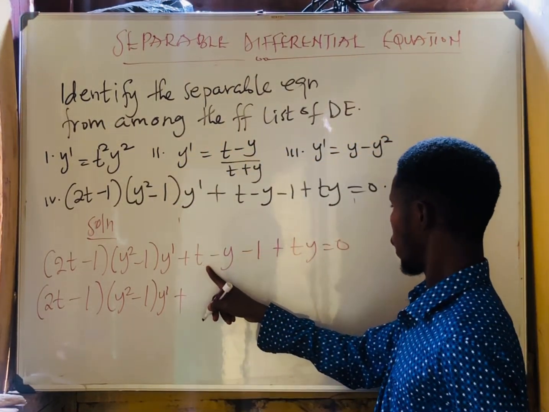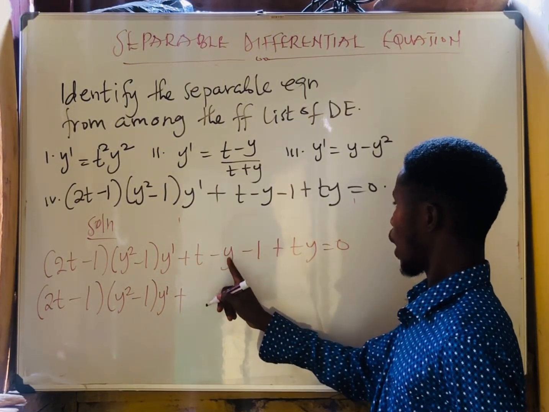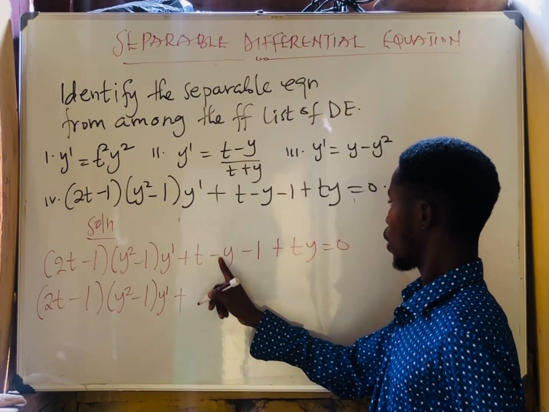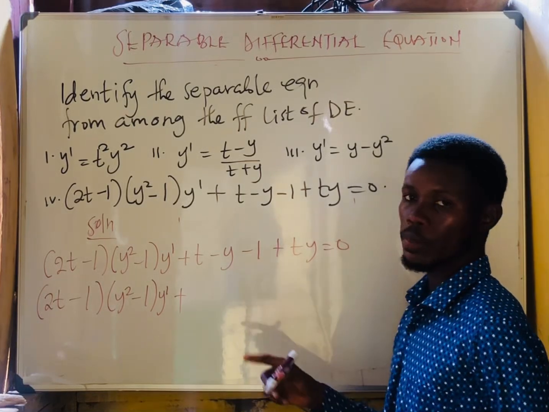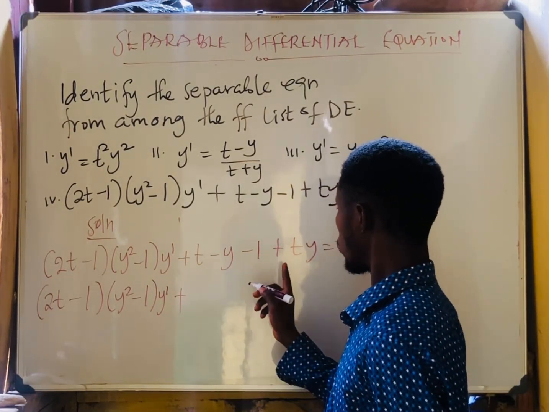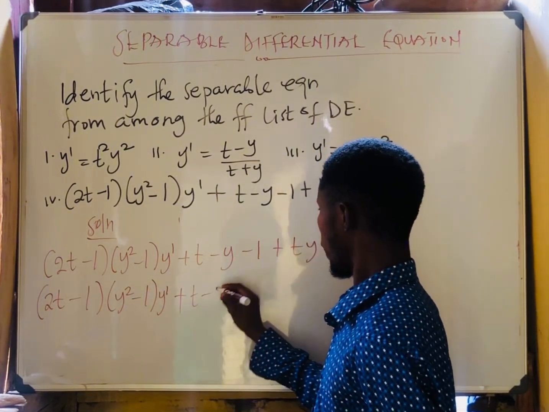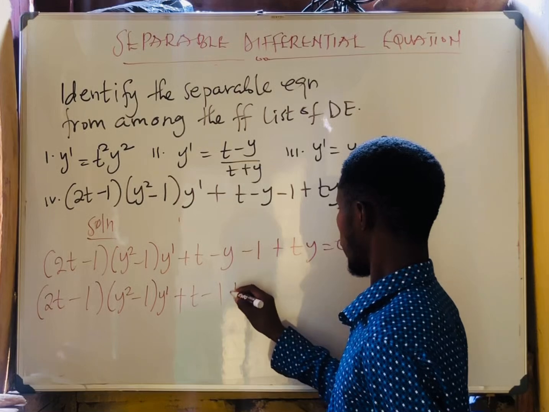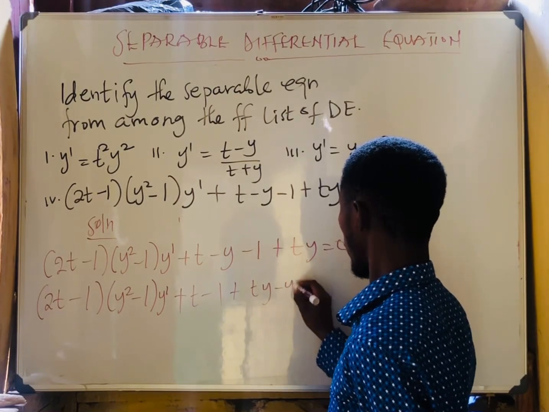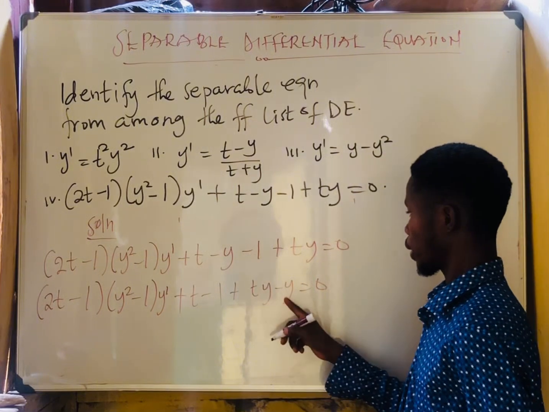I have t here, I have y here, I have y here. That one depends on the way you want to group it. Is that okay? So if I'm going to group it this way, t minus 1 plus ty minus y equals 0, or t minus 1 then ty minus 1.